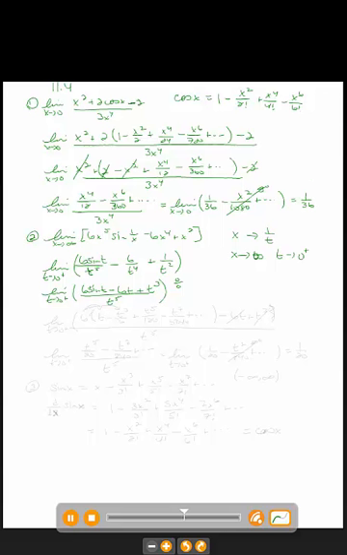And so I'm going to have the limit as t goes to 0 from the right side. I'm going to put the 6 on the outside.